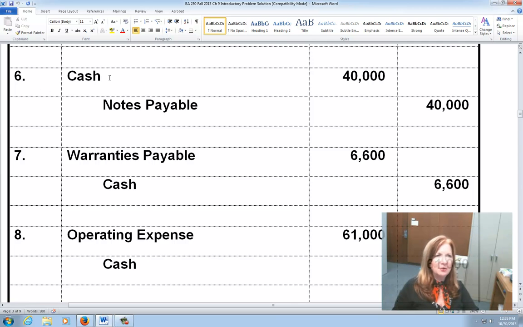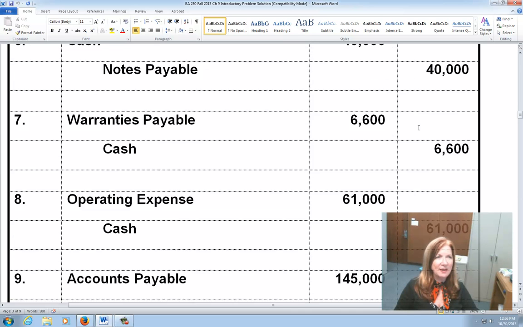Now this appears to be a note where the interest is going to be added on, not discounted from the note. It would have said discounted the note if that were the case. So on September 1 they borrowed, so I'm going to debit cash because it's going up, and credit note payable because that obligation is going up, and both of them by $40,000.